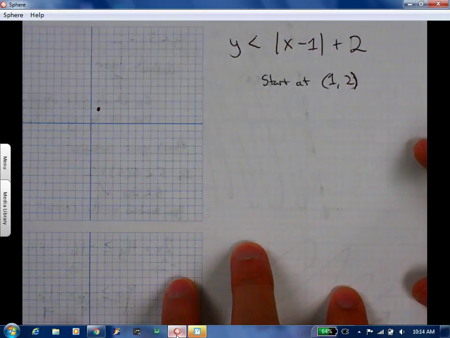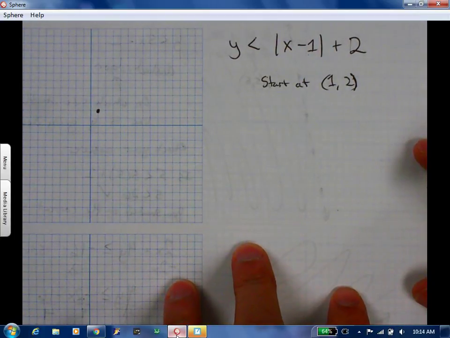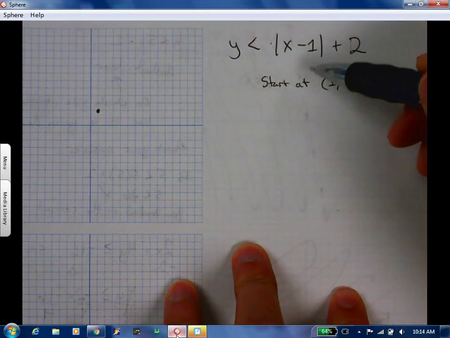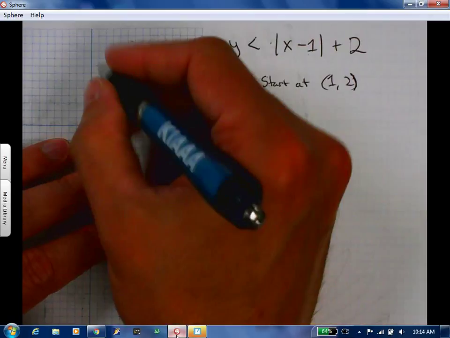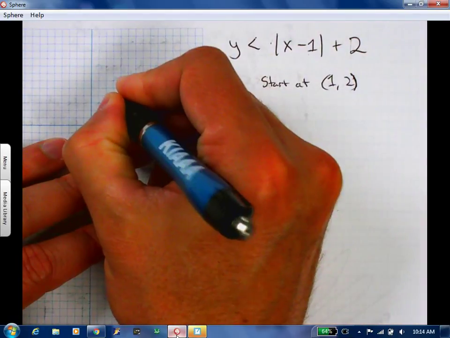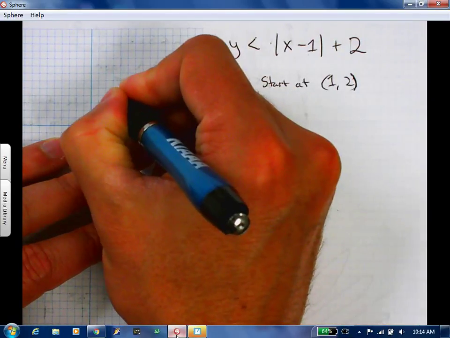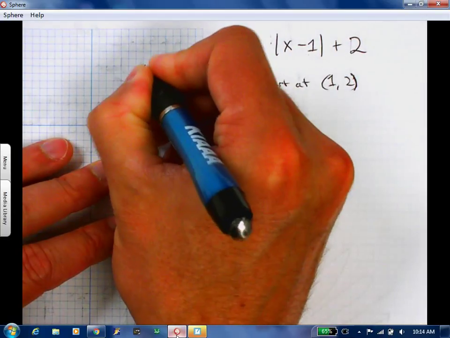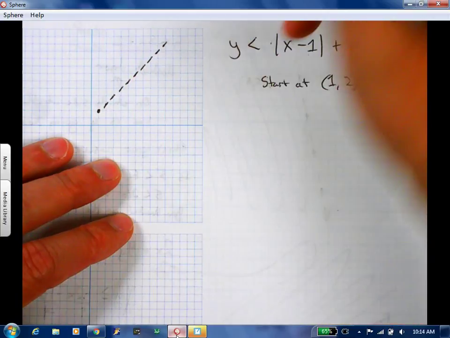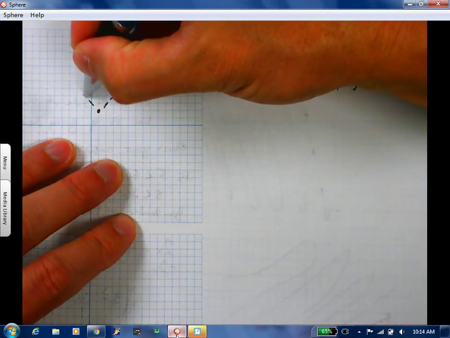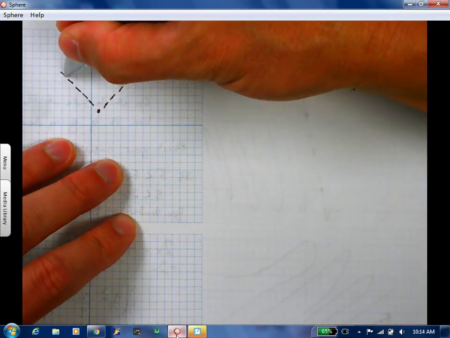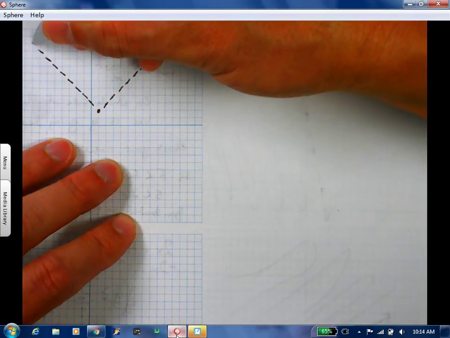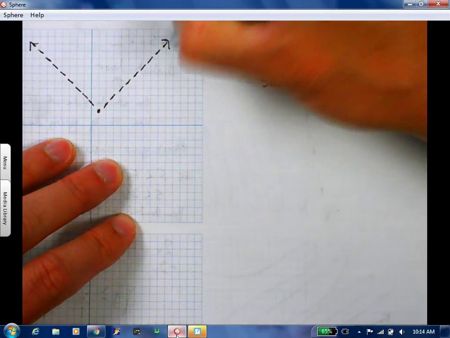What's the slope? Look in front, there's a 1. So it's 1. So you have to make the V slope of 1 going this way, slope of -1 going this way. Solid or dashed?